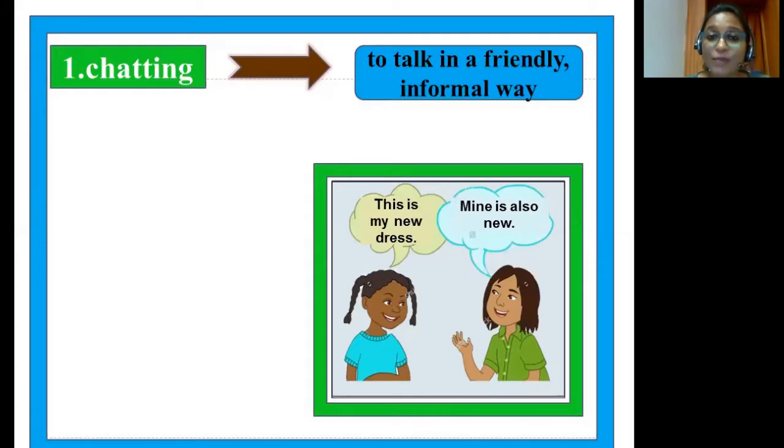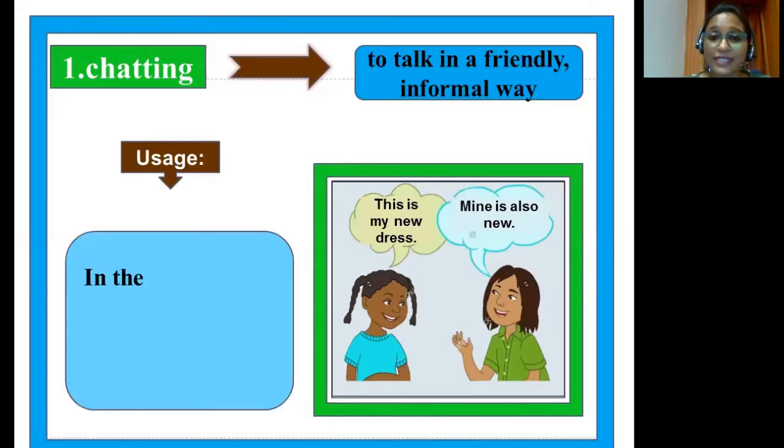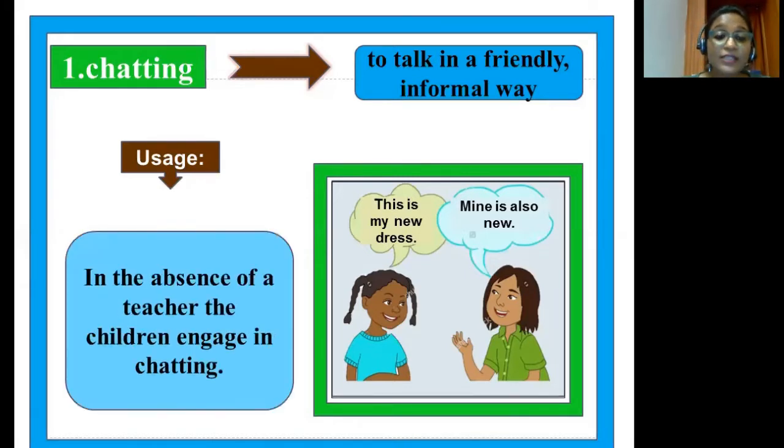They're discussing their dress. The girl in the blue dress says that she has a new dress, and the girl in the green dress says hers too is a new one. So they are having an informal talk. So an informal talk with friends is called chatting. Using this word chatting, we can frame the sentence. In the absence of a teacher, the children engage in chatting.